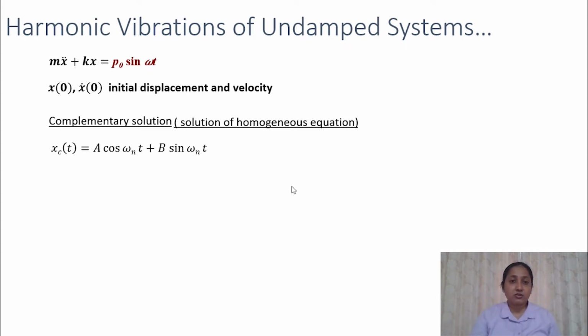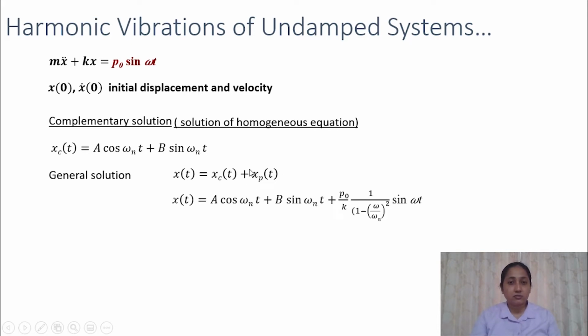So the solution of this differential equation can be written as the sum of the complementary solution and the particular solution. So we have A cos omega nt plus B sin omega nt plus the particular solution we have derived in the previous slide, P naught by K multiplied by 1 minus frequency ratio square sin omega t.